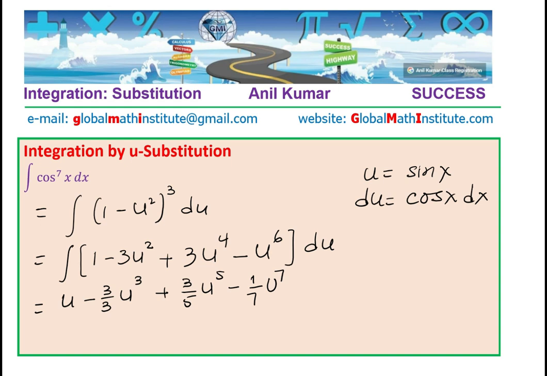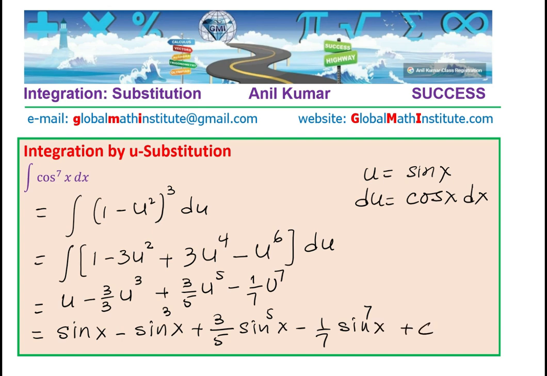And writing back in terms of our substitution, which is sine x for u, we can write down our answer, which is sine x minus sine cube x plus 3 by 5 sine to the power of 5x minus 1/7 of sine to the power of 7x plus c, of course, right? So that becomes the integration of cos to the power of 7x.